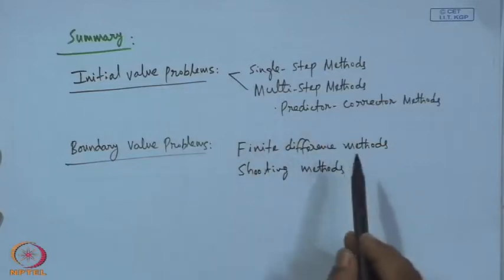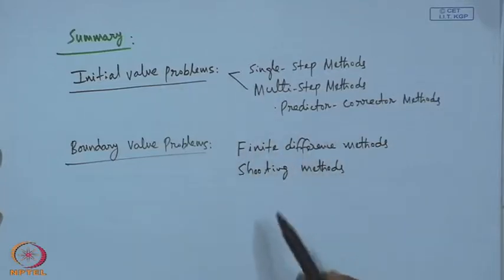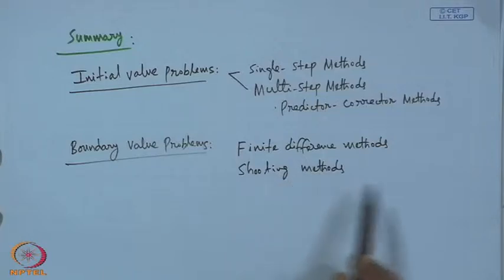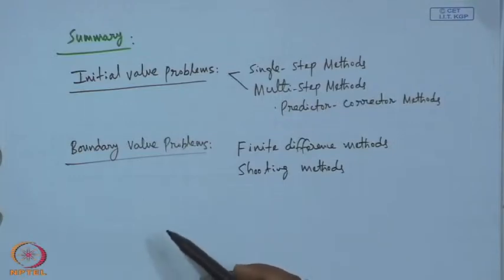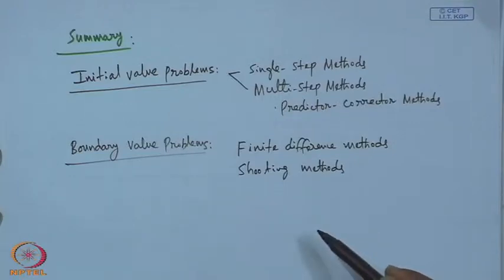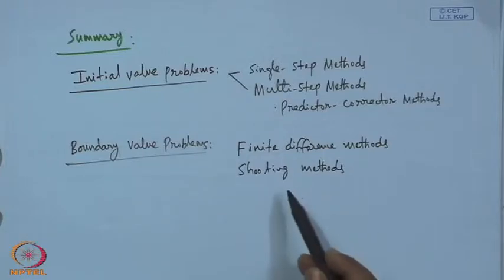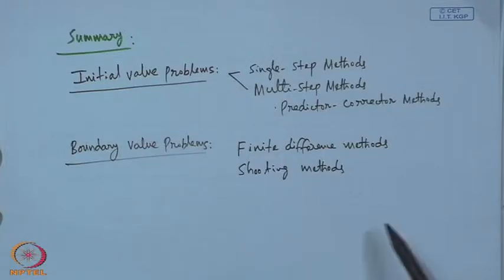This is by and large the principle, whereas in boundary value problems in finite difference the principle is approximating at various grid points. That means to compute at a particular grid point you need past several values.